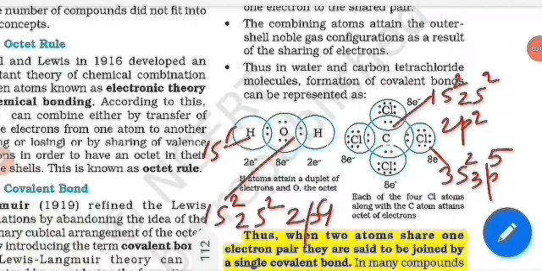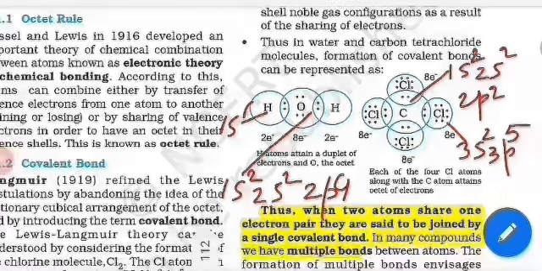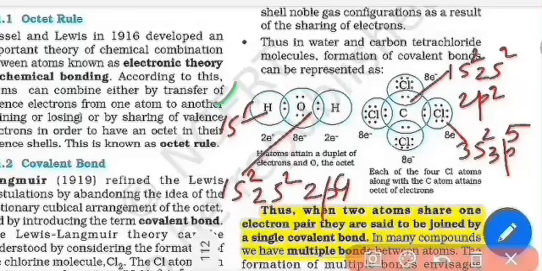Similarly, we can show formation of water molecule. Formula of water is H2O, that we know. Configuration of hydrogen is 1s1. Configuration of oxygen is 1s2, 2s2, 2p4. So oxygen contains 6 electrons in its outermost shell. That means it needs 2 electrons to complete its octet.